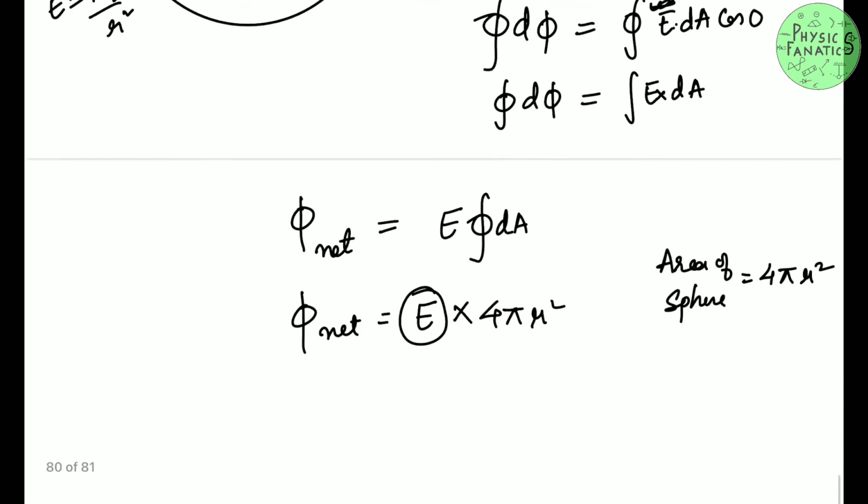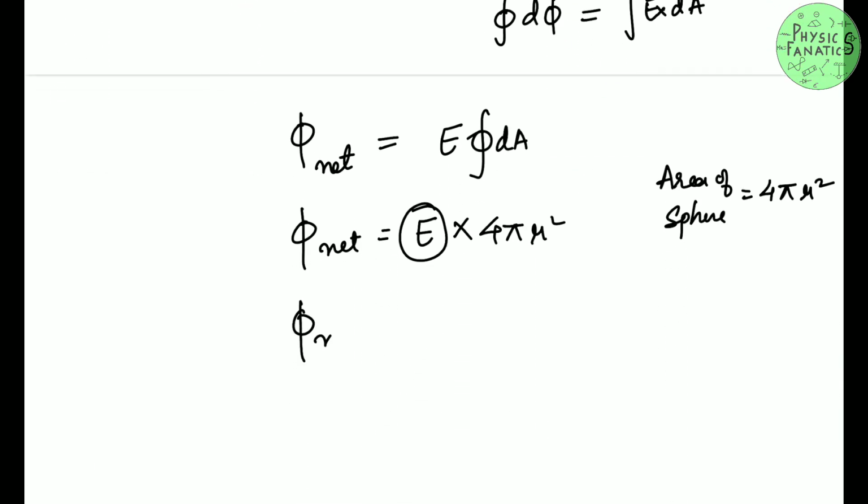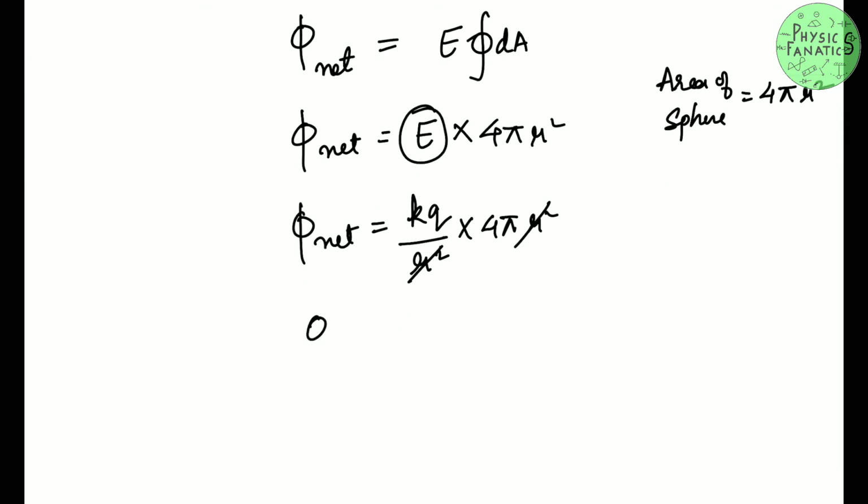So I can substitute that value here. You will get phi net equals kq upon r square multiplied by 4 pi r square. So this r square will cancel out with the r square. Also, the value of k is 1 upon 4 pi epsilon naught. So this is q upon 4 pi epsilon naught multiplied by 4 pi.